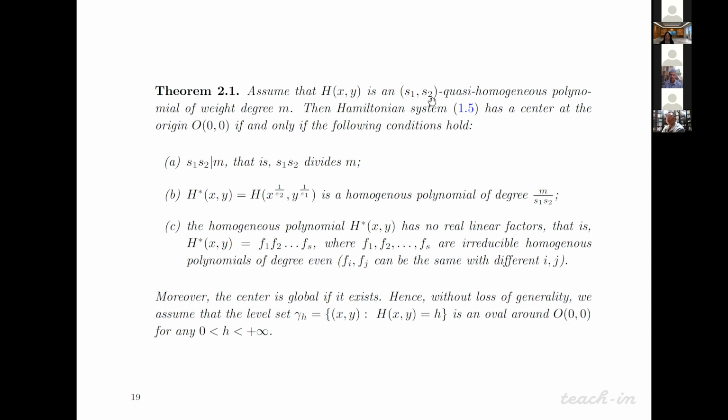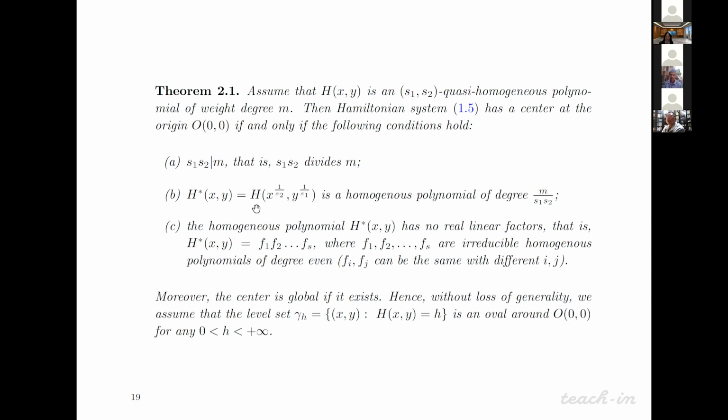That means if you have a factor, this factor must be an irreducible homogeneous polynomial of even degree. So this is a necessary and sufficient condition for this system to have a center. If the three conditions are satisfied, then this Hamiltonian system has a center.